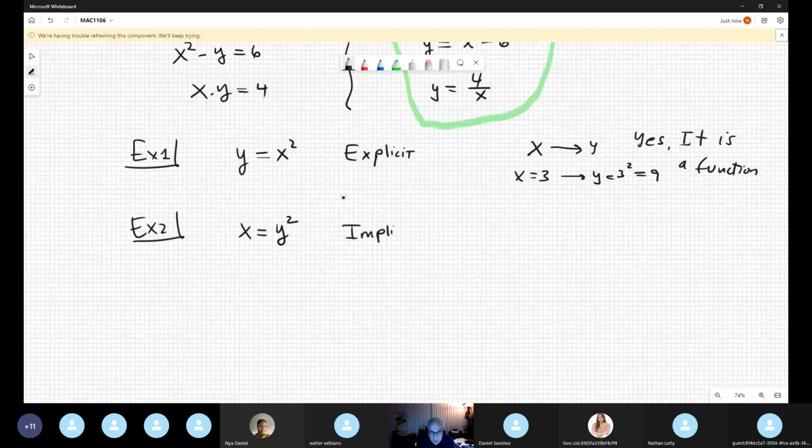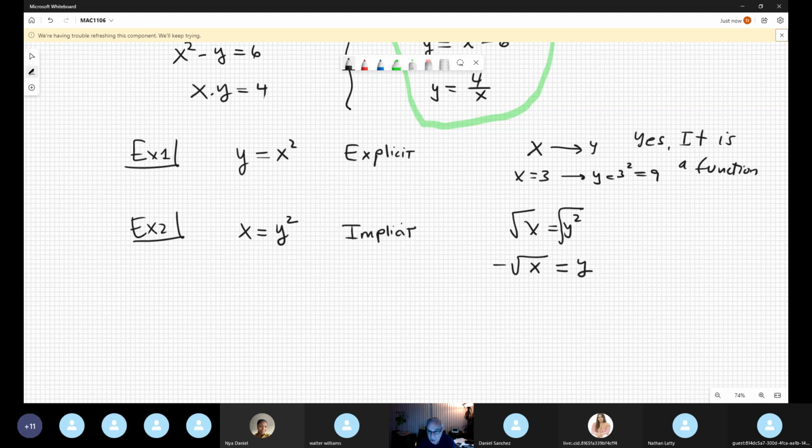And what should I do? Well, I need to solve for y. You apply the square root to both sides, and square root of x equals y, but I forgot plus and minus. Okay, I guarantee you 100%, this expression is equivalent to this one if you include plus and minus.